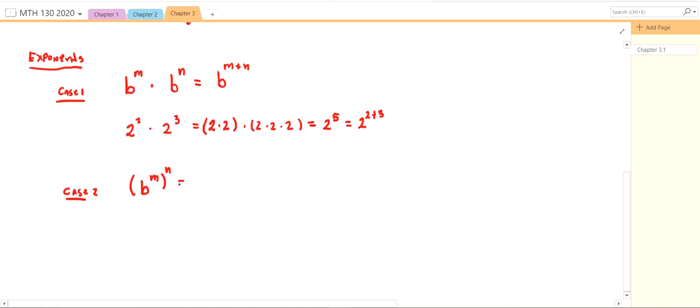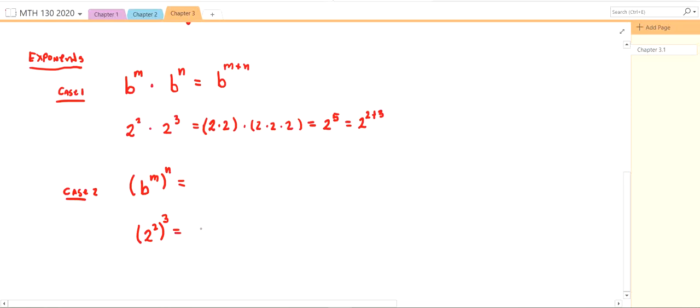What does this equal? Well, it doesn't equal b to the m plus n, and we can convince ourselves of that if we do this little exercise we were doing here. 2 squared raised to the 3 power.